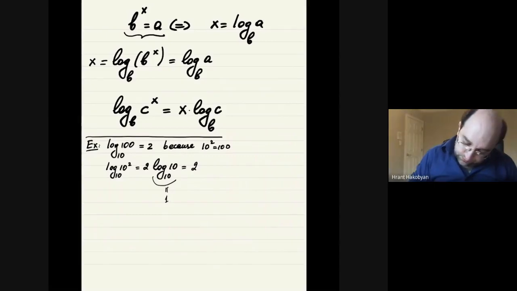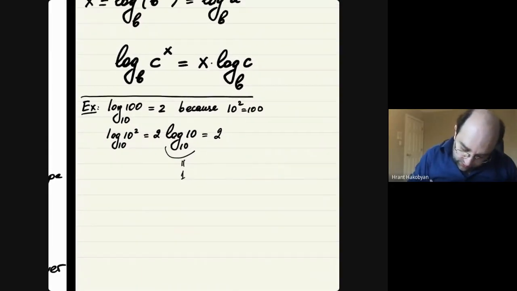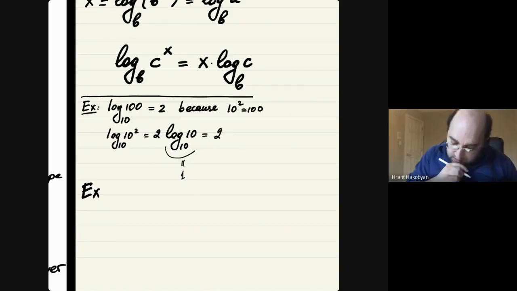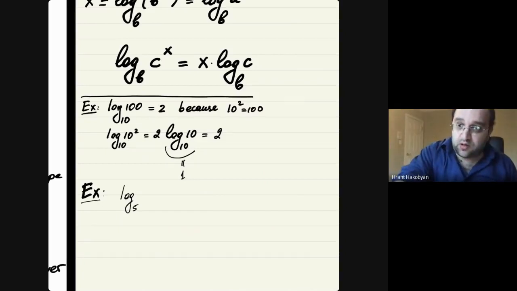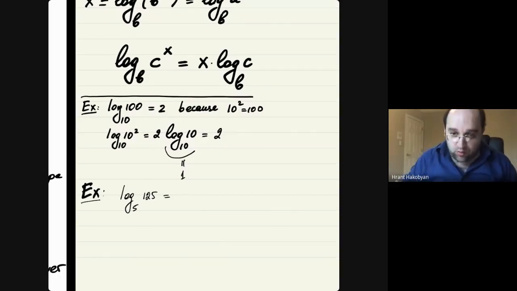I have the logarithm base 5 of 125. So essentially what I'm asking is what is the power of 5 that is equal to 125.